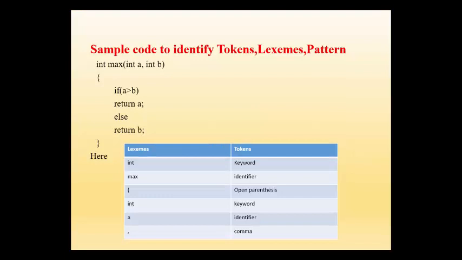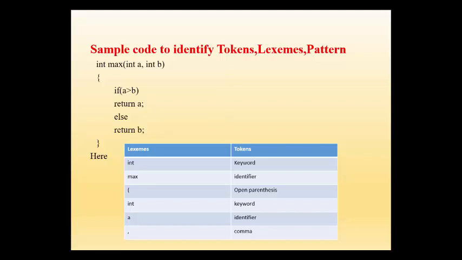Here is a sample code to identify tokens, lexemes and patterns. Here we have taken a maximum function of integer data type, passing the two parameters a and b of integer data type. If a is greater than b, then return a, else return b.